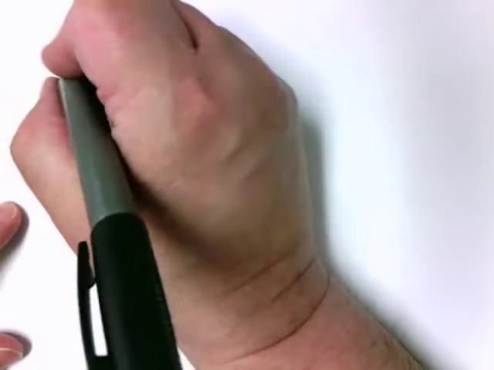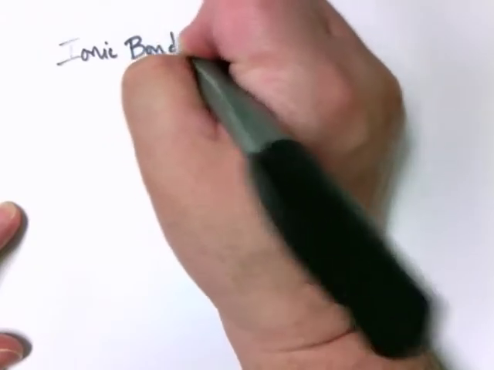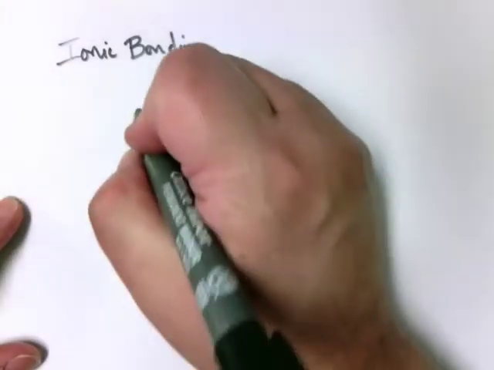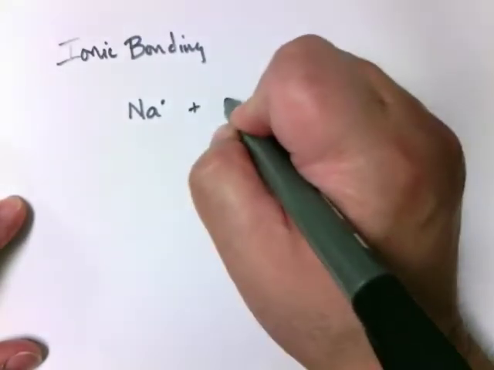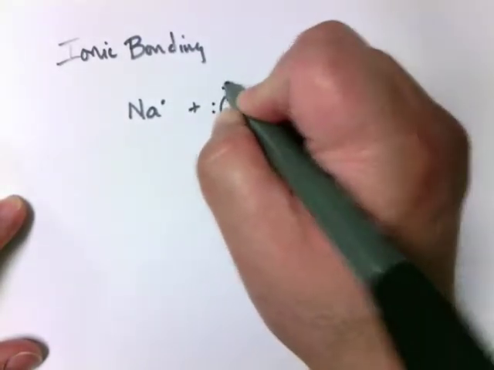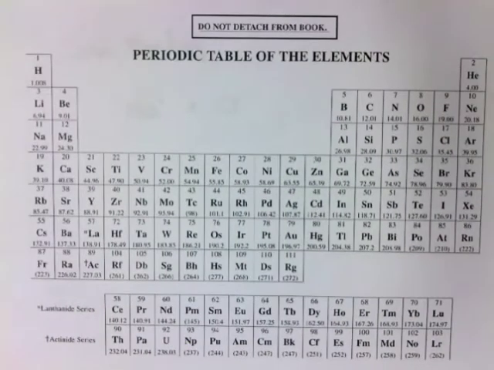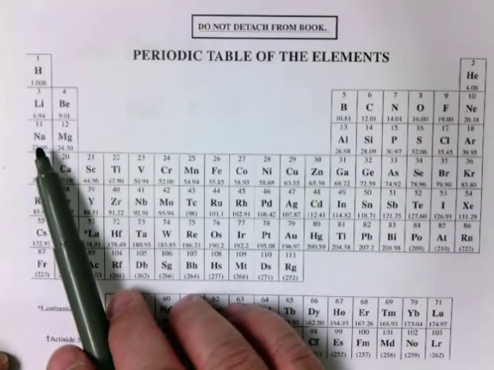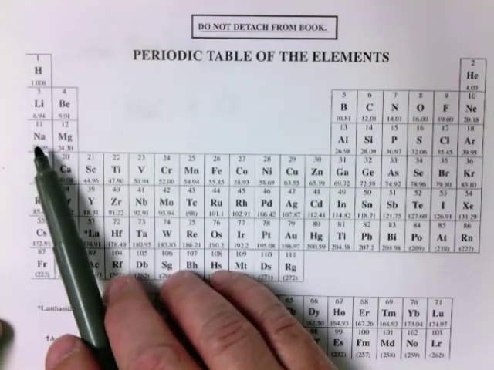Ionic bonding is epitomized by the reaction between sodium atoms and chlorine atoms. All right, if you go back and think about the periodic table, sodium, over here on the left side of the periodic table, and if you remember from our discussion of periodic trends, that means that sodium has a very low ionization energy.